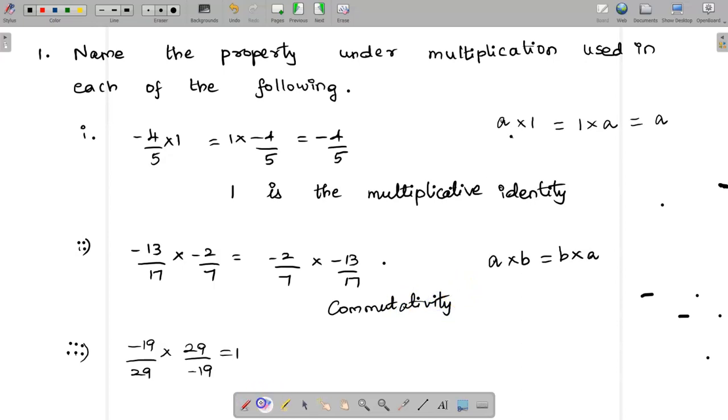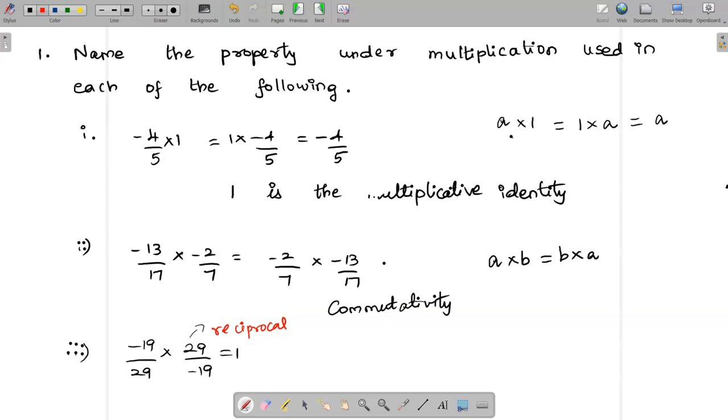The third problem is minus 19 by 29 into 29 by minus 19. Here we multiply a number with its reciprocal. When you multiply a number with the reciprocal of the same number, you will always get 1 as the product.